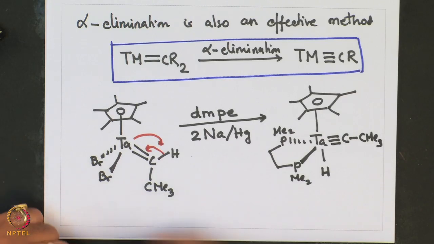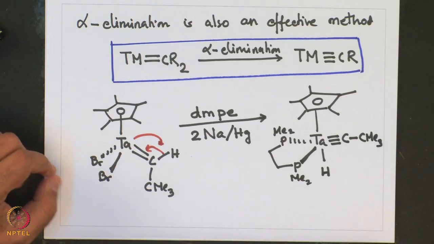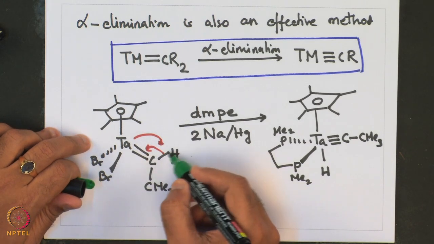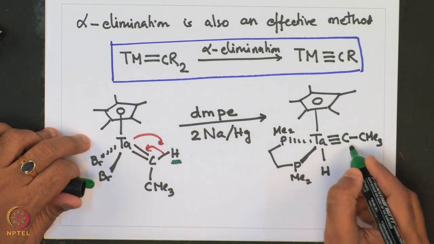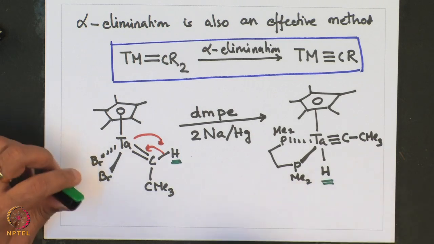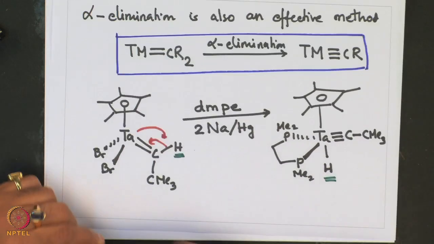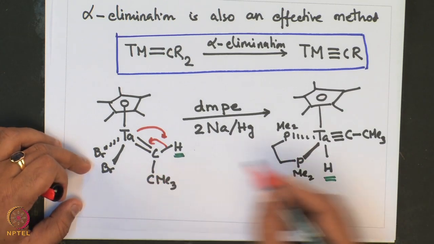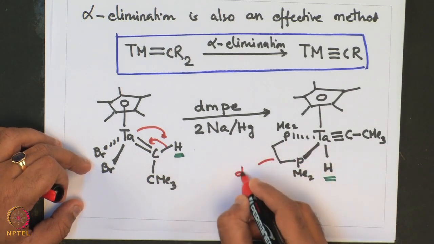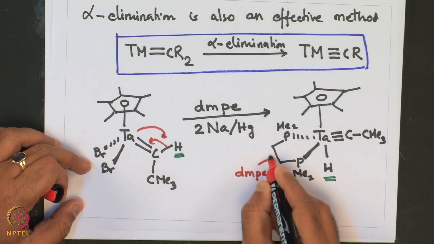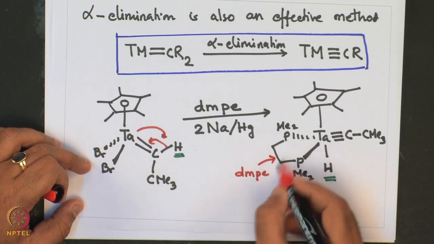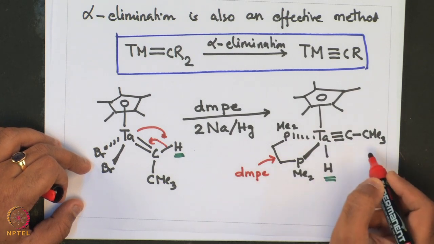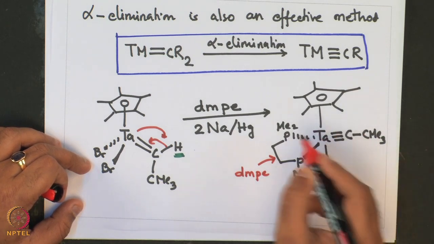So, what happens is that this hydrogen alpha eliminates to give this triple bond and tantalum hydride complex, and DMPE replaces the two bromide atoms to chelate and use the suitable vacant spaces which have been created by this.